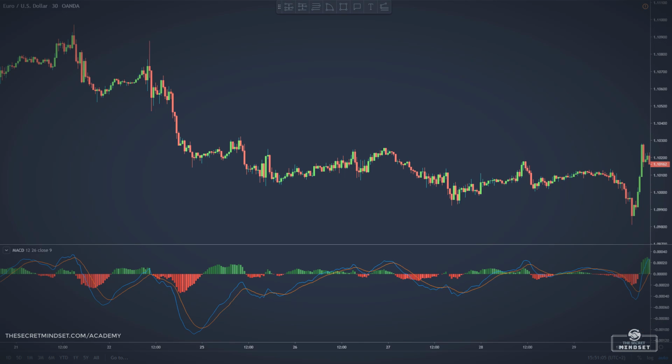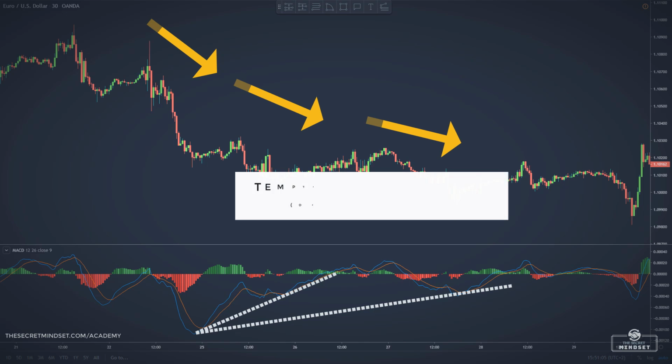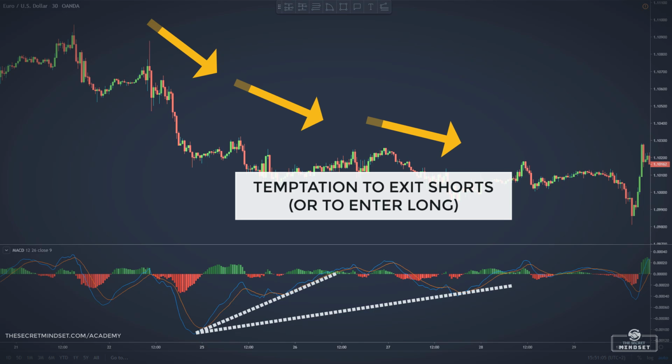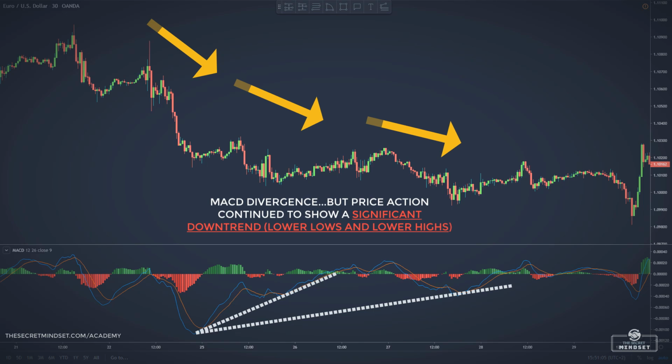In this example, the EUR/USD is falling, yet the MACD is rising. Had a trader assumed that a rising MACD was a positive sign, they may have exited their short trade, missing out on additional profit, or they may have taken a long trade even though the price action showed a significant downtrend and no signs of a reversal, meaning no higher swing highs or higher swing lows to indicate an end of the downtrend.